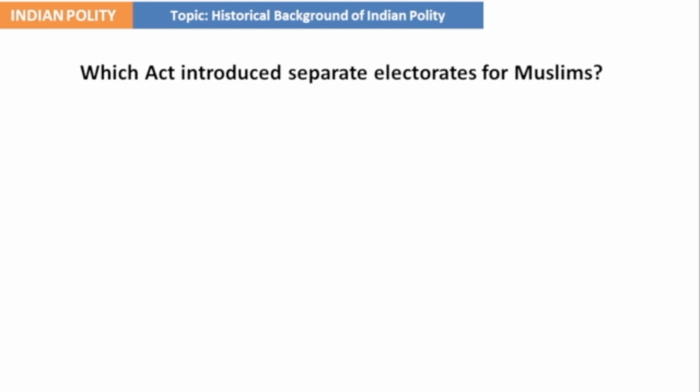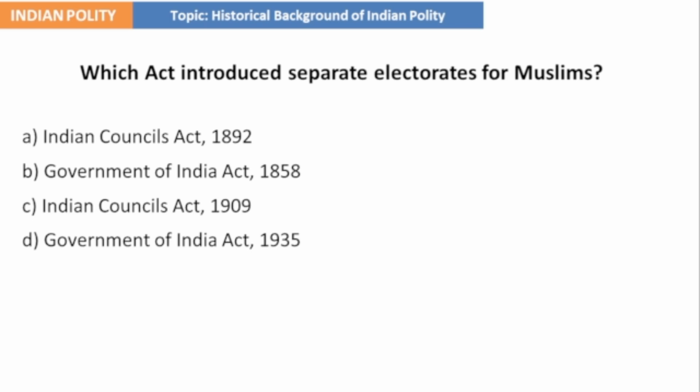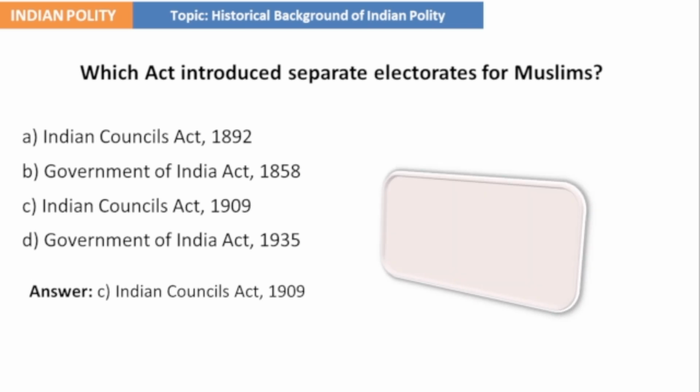Which act introduced separate electorates for Muslims? And the right answer is option C, Indian Councils Act 1909, also known as Morley-Minto reform.